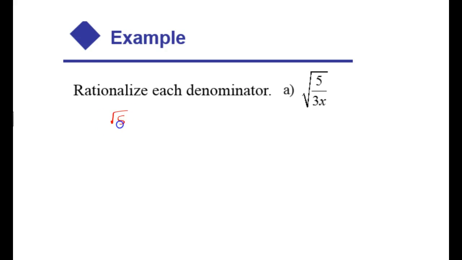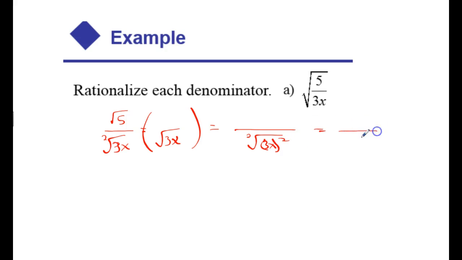This is the square root of 5 over the square root of 3x. There's an invisible 2 out there that we normally don't write, but I need to create another 3 and another x. I usually don't write this step, the square root of 3x, this whole thing squared. I just usually jump to 3x, because the square root of anything times the square root of itself is just the answer. So you can avoid this center step in showing the work.